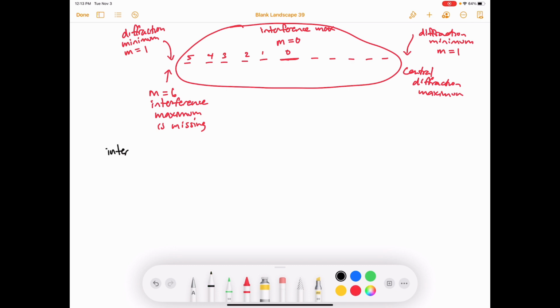Now, we'll remember that interference maxima occur whenever d sine theta is equal to m times lambda. So here we're going to plug in m equals 6. d sine theta is equal to 6 lambda, so sine theta is equal to 6 lambda over d.